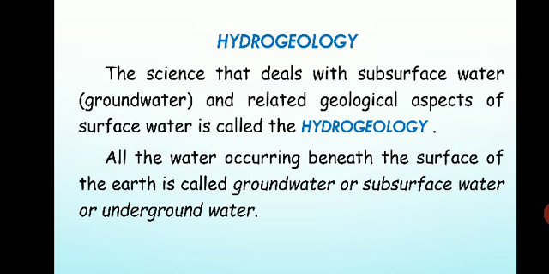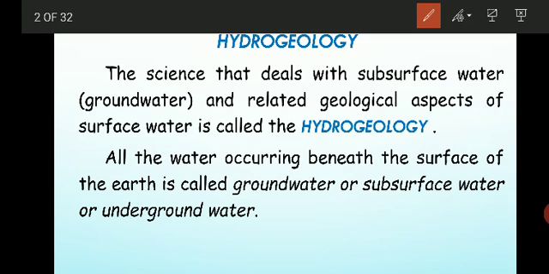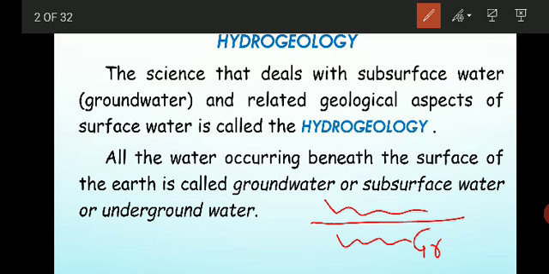Here we divide the water into two: the water which is present on the surface and the water which is present below the surface. The water below the ground is called groundwater, and the water present at the top is called surface water.